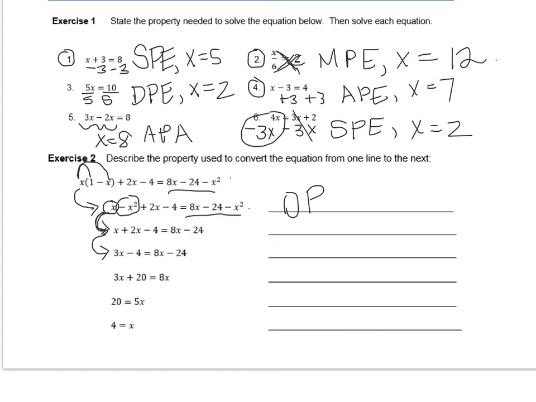Well, you'll notice the x squared from this side disappeared as well. So I'm thinking what we did to make that happen is we added x squared to both sides. And since we added something to both sides, we used the addition property of equality. And the reason the x squareds disappeared is because negative x squared plus x squared is 0.